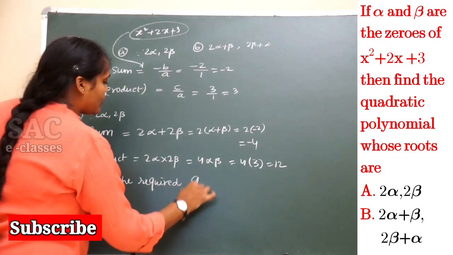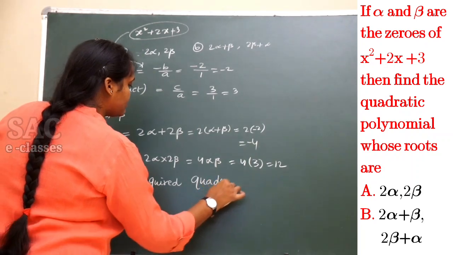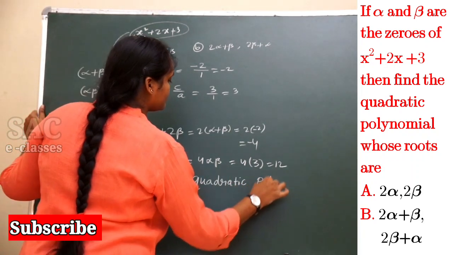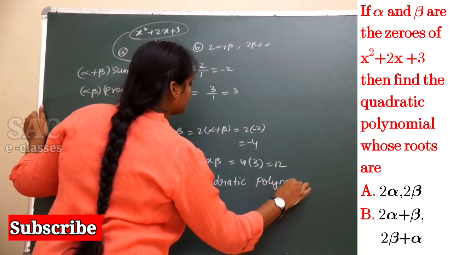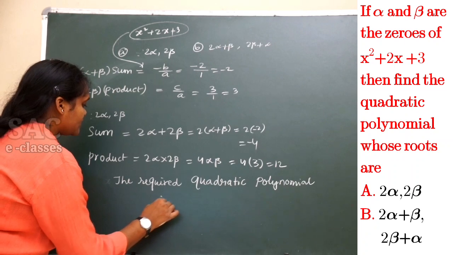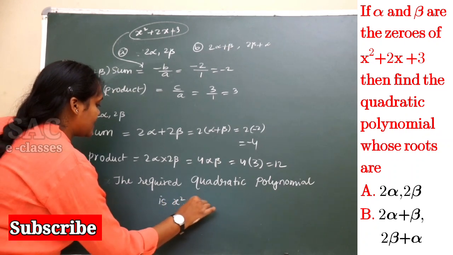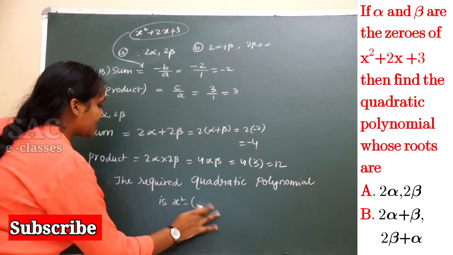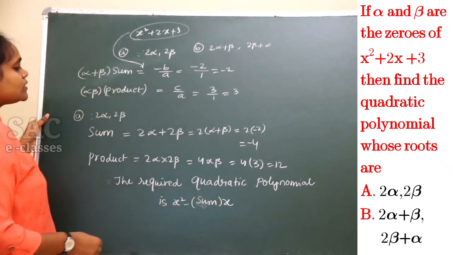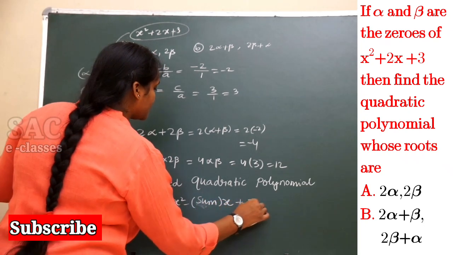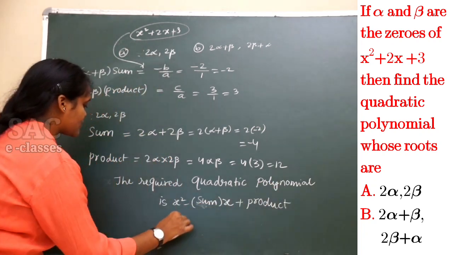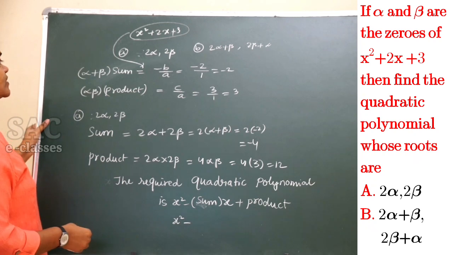The required quadratic polynomial is x square minus alpha plus beta. Rather than writing alpha plus beta, why can't we write it as sum into x plus product? Yes, we can. So we can write it as x square minus sum of the zeros.